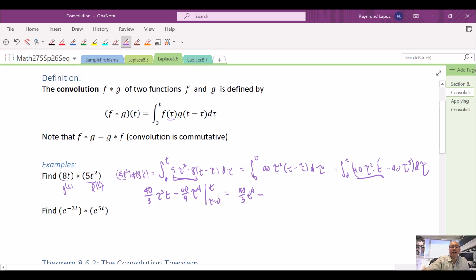So let's might as well just write 10 t to the 4th. They're like terms, and so let's combine them. This is 30. 40 minus 30 is 10. Is that right? 10 over 3 t to the 4th.